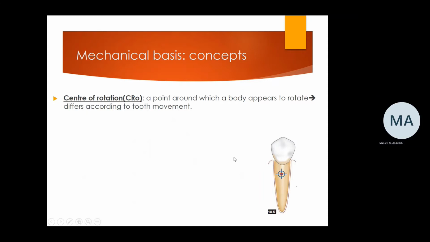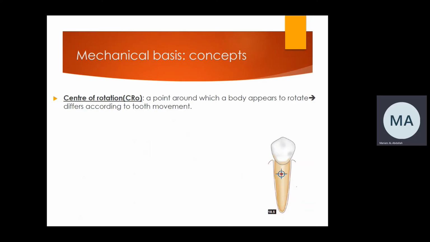Right. Now, center of rotation is the point around which a body appears to rotate. Please just focus here. When we say rotation, these are mechanical concepts, so don't be confused when we say rotation and tipping now, and then later on when we talk about orthodontic tipping tooth movement and orthodontic rotational tooth movement.